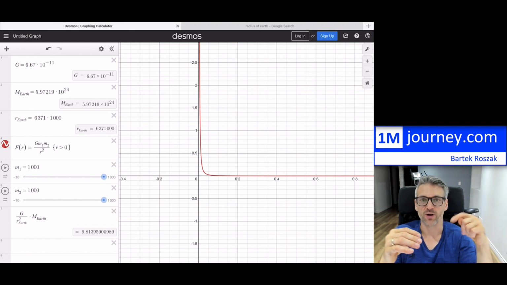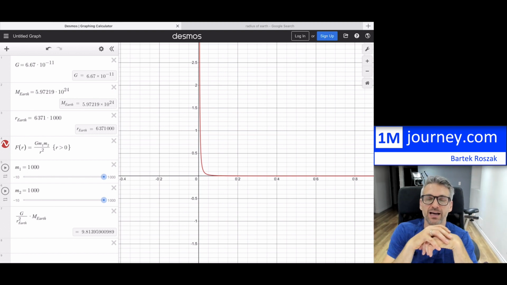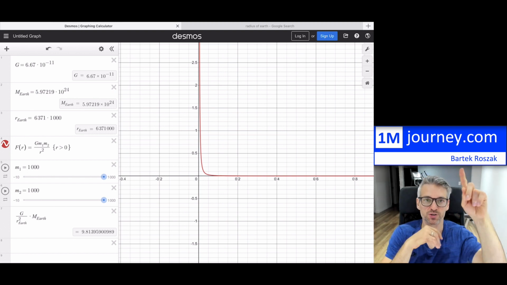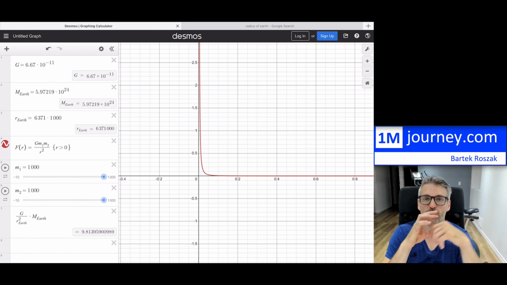So remember that the centripetal force, and I can put a link up above for you, is what is keeping the Earth in rotation. That's what happens because it does have an actual speed.